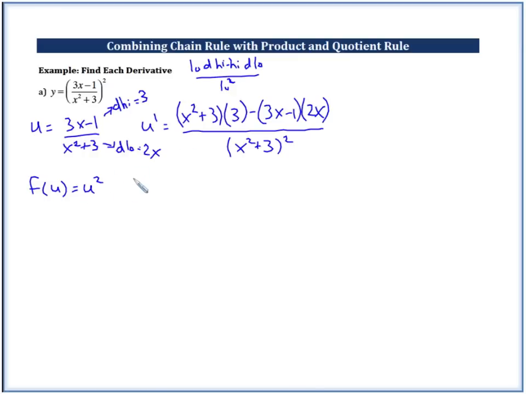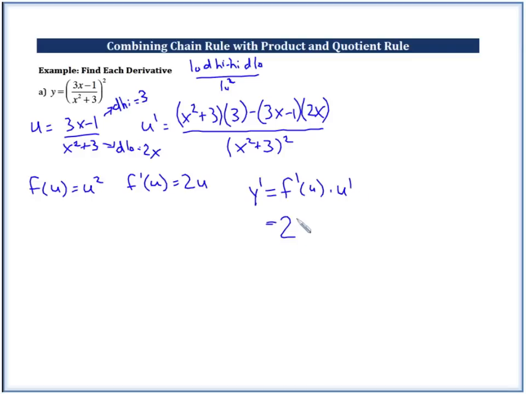And then if we want to find f prime, that's just going to be 2u. Okay, so we did it. We found our u prime and our f prime. So let's go ahead and take this derivative. y prime is going to equal, remember, f prime of u times u prime.